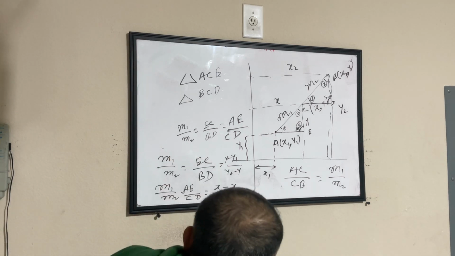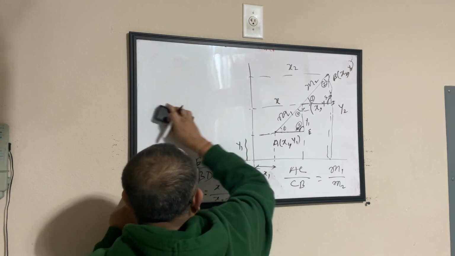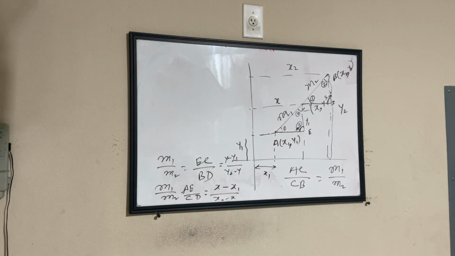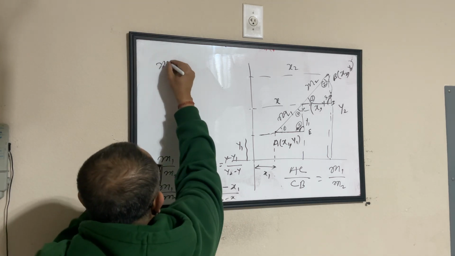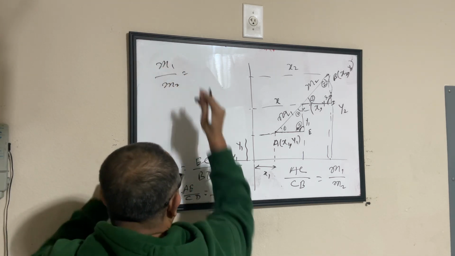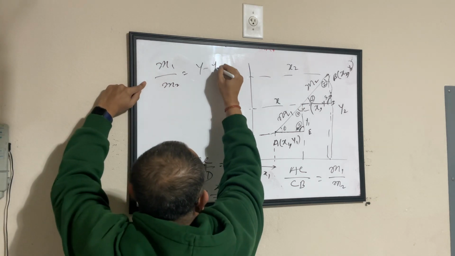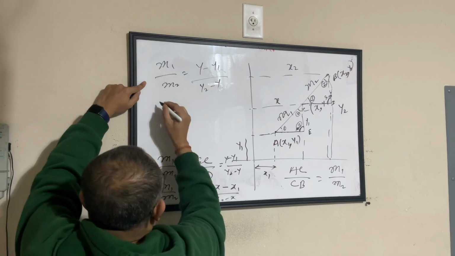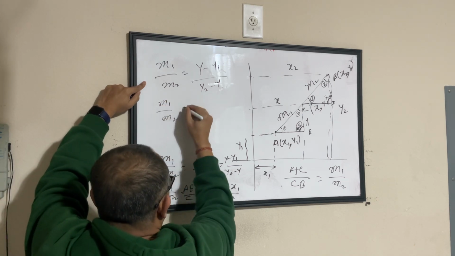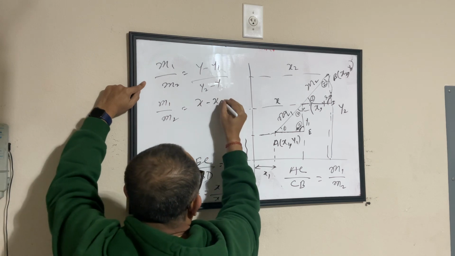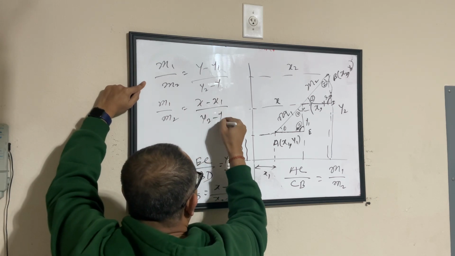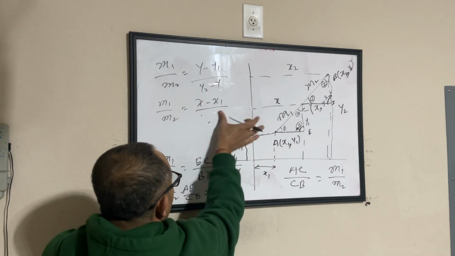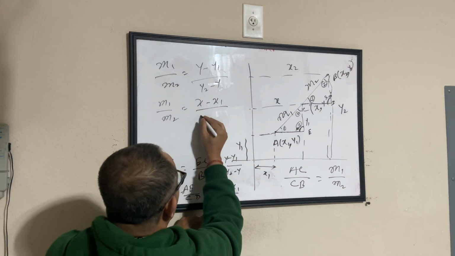Here, if you look at these two formulas very carefully, from this one we found two relationships for x and y. The first says M1 by M2 equal to y minus y1 by y2 minus y, and the second says M1 by M2 equal to x minus x1 by x2 minus x.